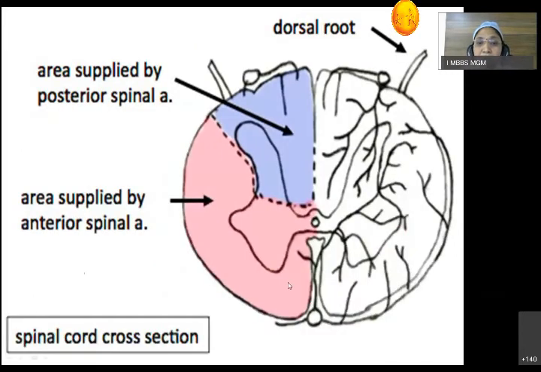Now, this picture is showing the area of the spinal cord supplied by that particular artery. The anterior spinal artery supplies the anterior two-thirds of the spinal cord, whereas the posterior spinal artery supplies the posterior one-third of the spinal cord.